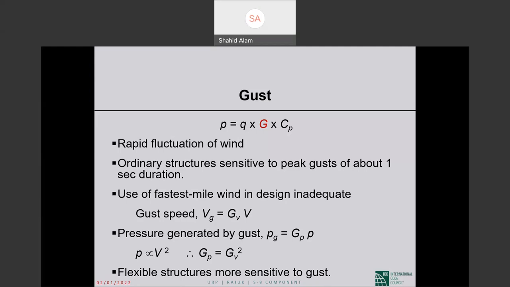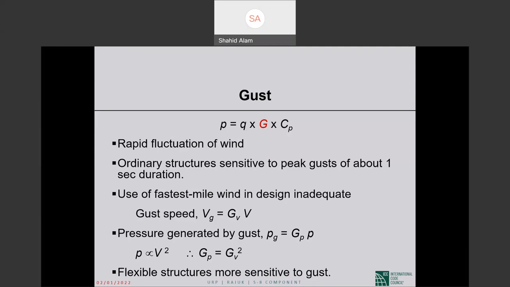So we have a larger gust effect factor. To cut a long story short, when we used fastest mile wind speed as the basis of design, we had to use a gust effect factor larger than 1 to bring the wind pressure up.